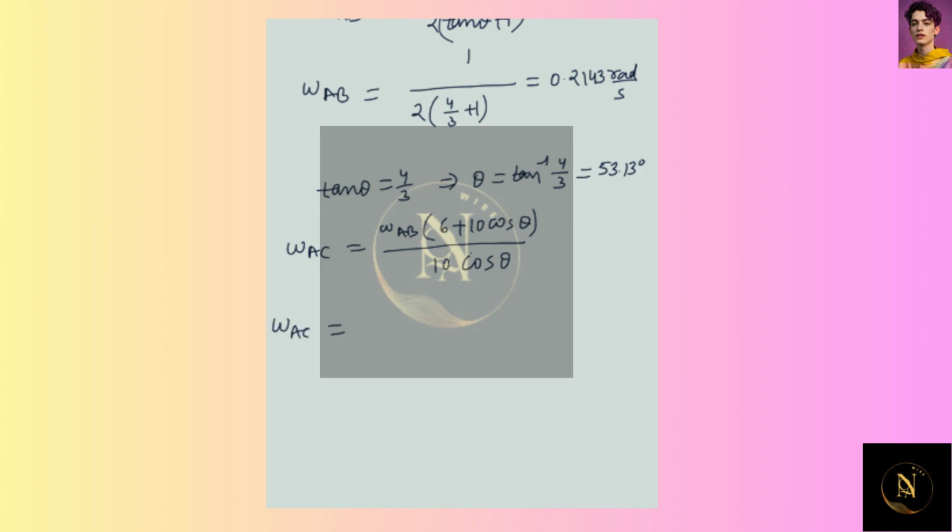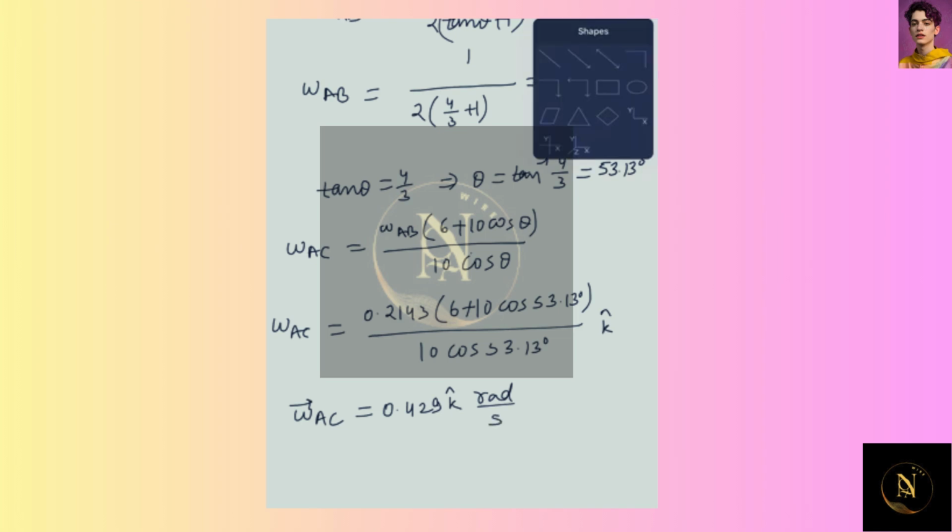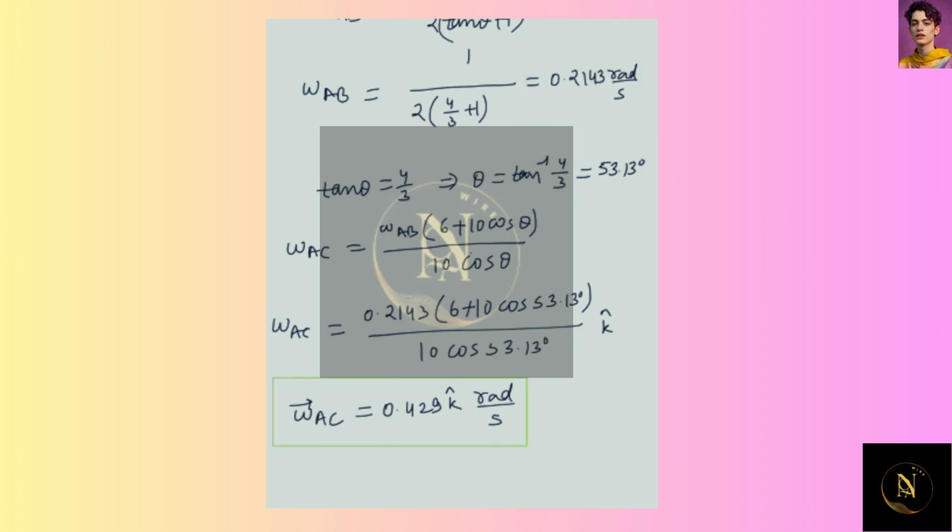So substituting the values to get omega_AC, omega_AB is 0.2143, times (6 plus 10 cos 53.13 degree) divided by 10 cos 53.13 degree. And this value will be in the k cap direction. So from here omega_AC vector comes out to be 0.429 k cap radian per second. This is the answer for this.